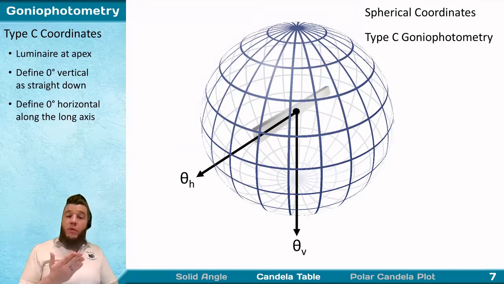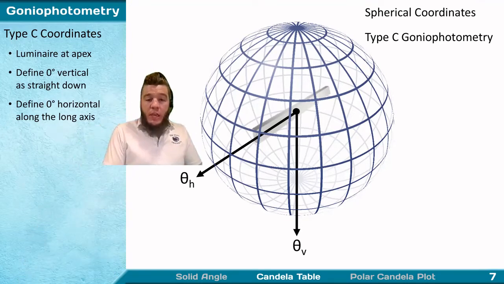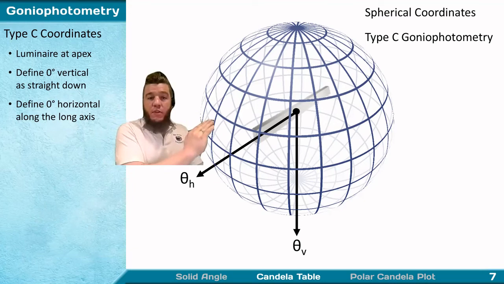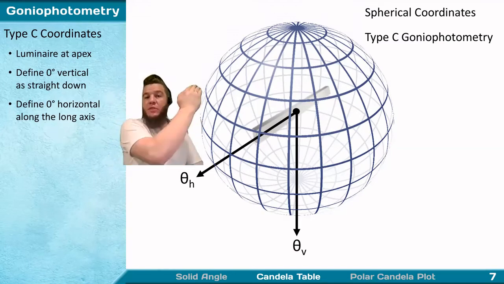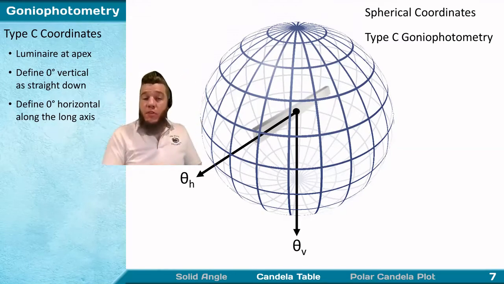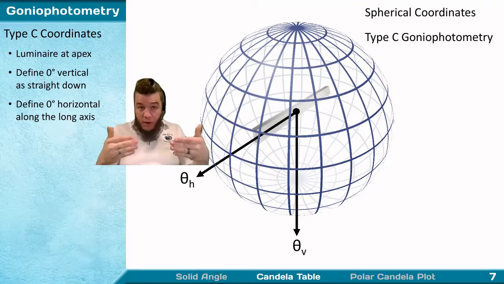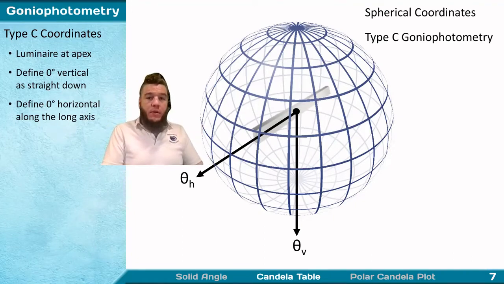So what we're doing with each of these rectangular elements of the sphere is defining one patch through which we're quantifying the intensity. So each of these patches will have their own associated intensity in our candela table.